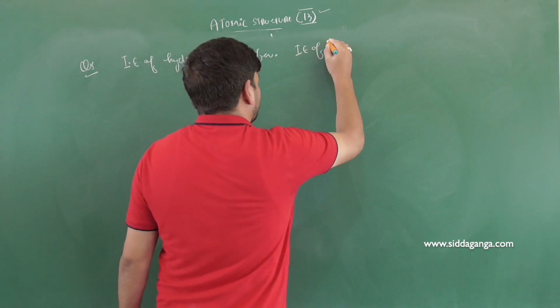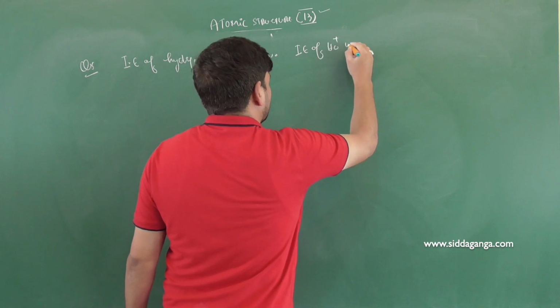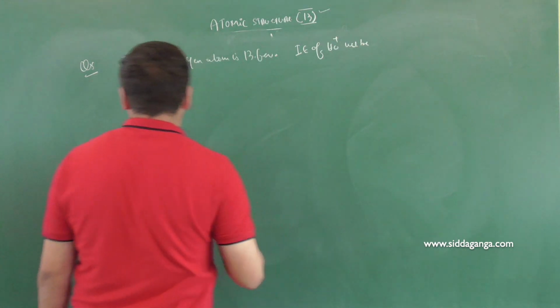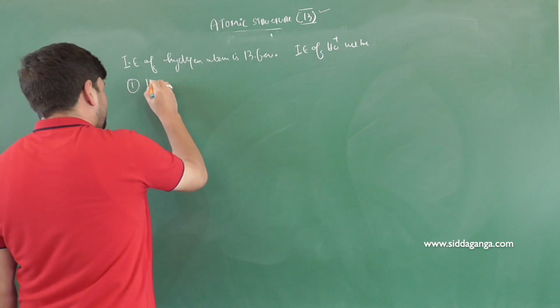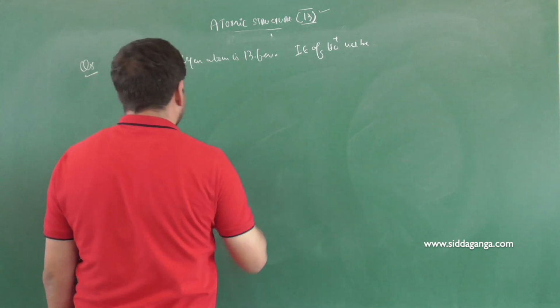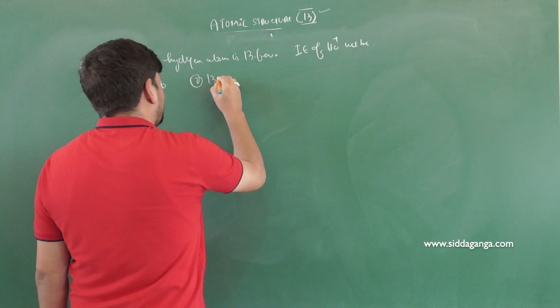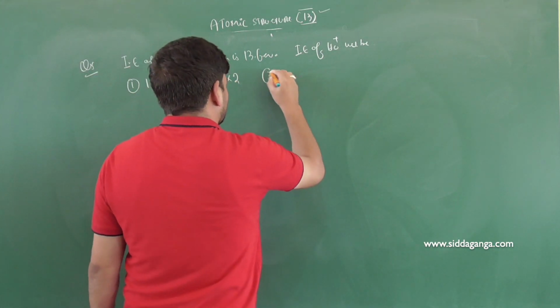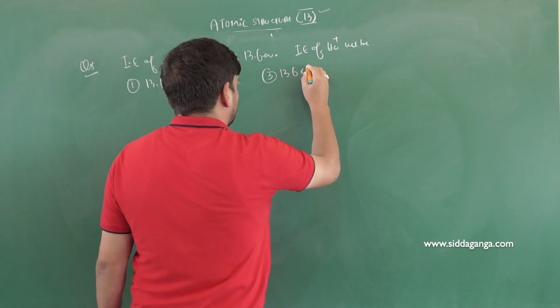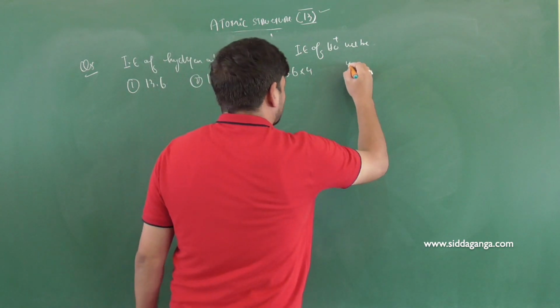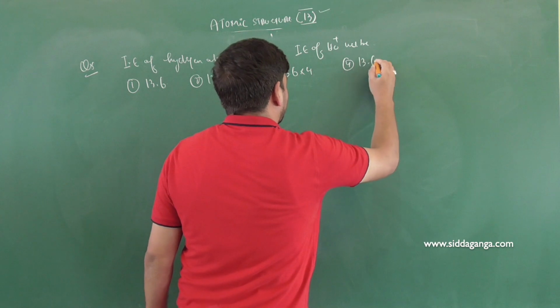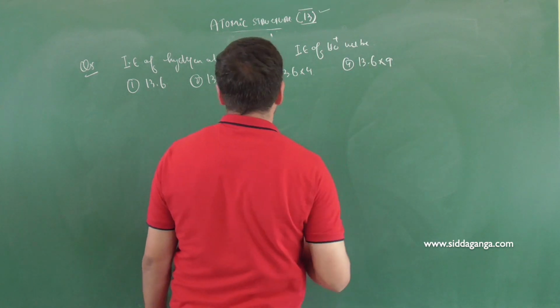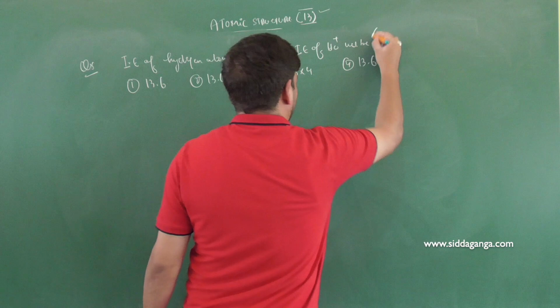Ionization energy of helium plus will be, options are: 13.6, then 13.6 into 2, third option 13.6 into 4, and fourth option 13.6 into 9. These are the options, and all are in terms of electron volts.